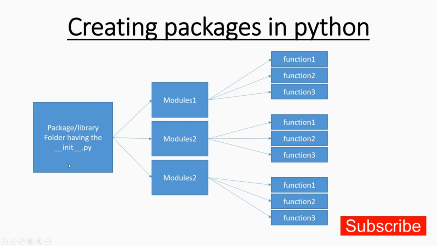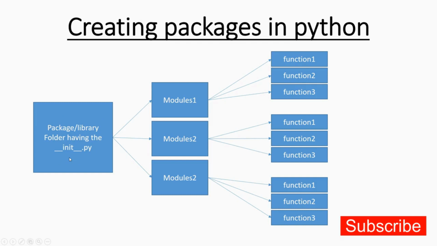We are not going to go into detail about the constructor, but at this point just understand that this is a file which is a class constructor. It is very important that your folder has this file. This file is an indication to Python that this folder is not a normal folder. Basically, this folder is a package. So you need to have this file.